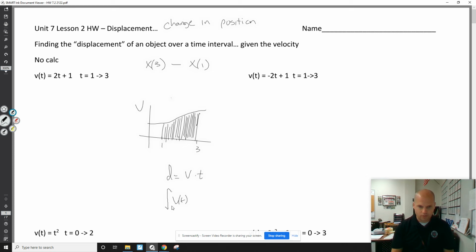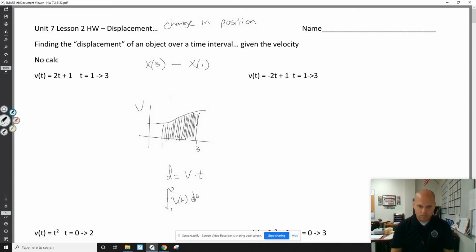We're going to understand that to calculate a displacement, you could accumulate velocity. It's the same as finding the change in position. What we're going to do is use this integral, which we know as take the antiderivative, to say, oh, okay, this integral now means accumulate velocity.